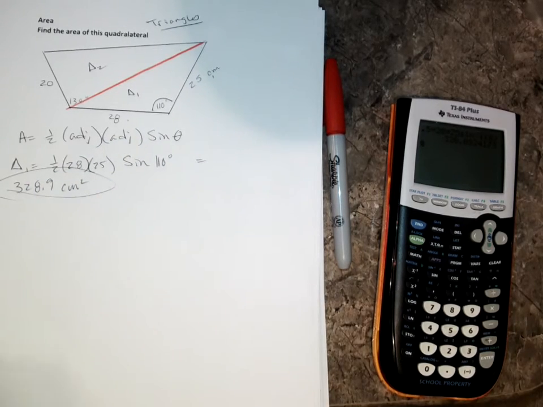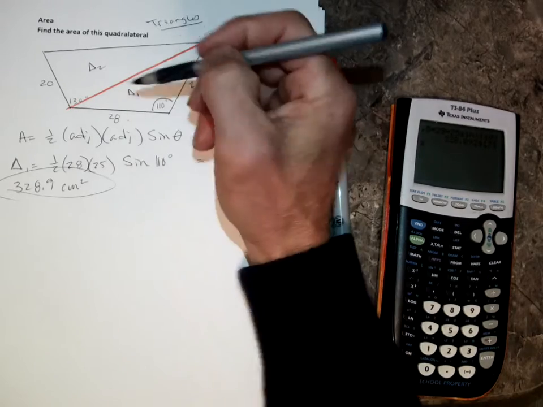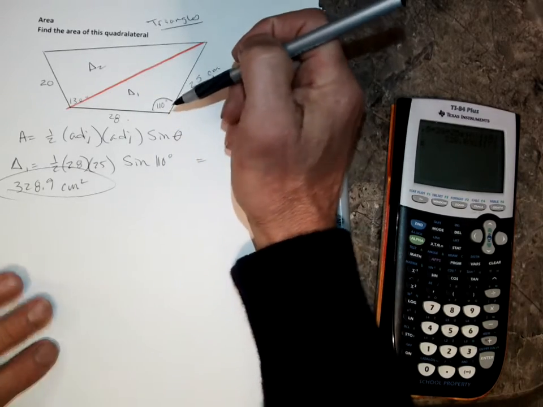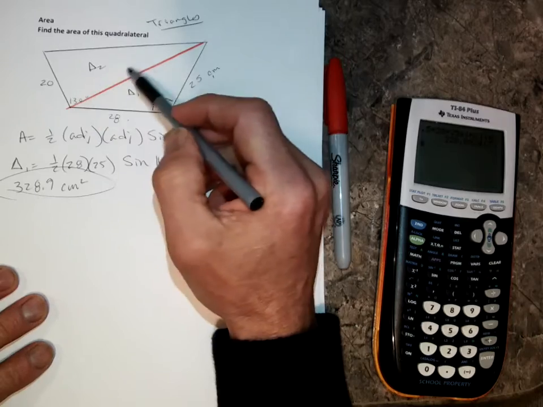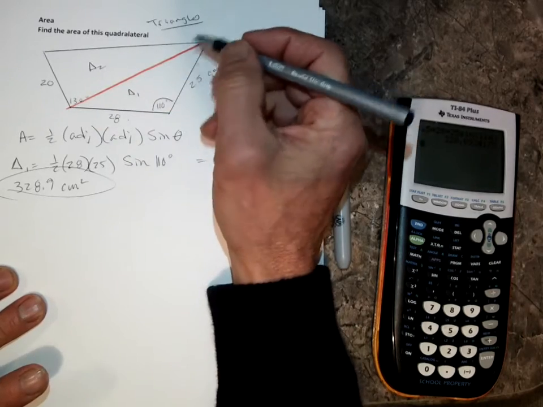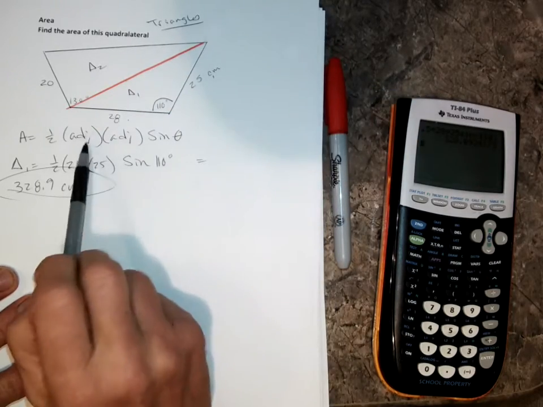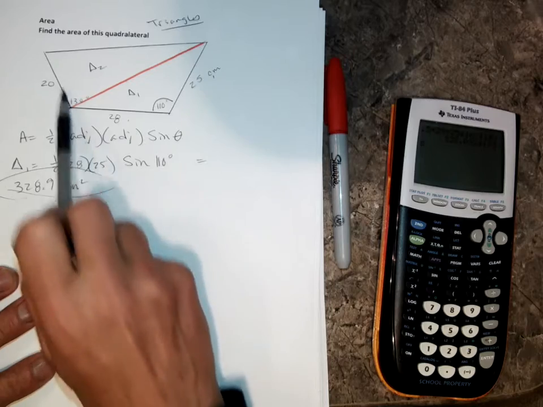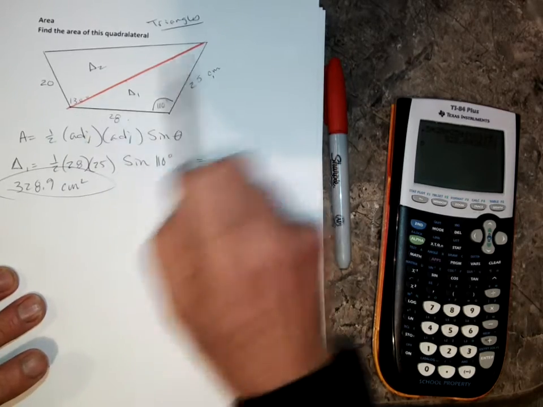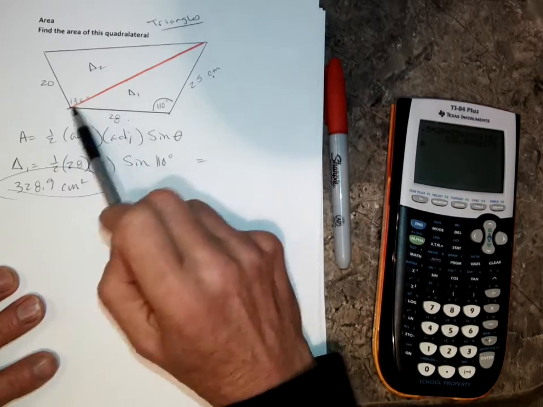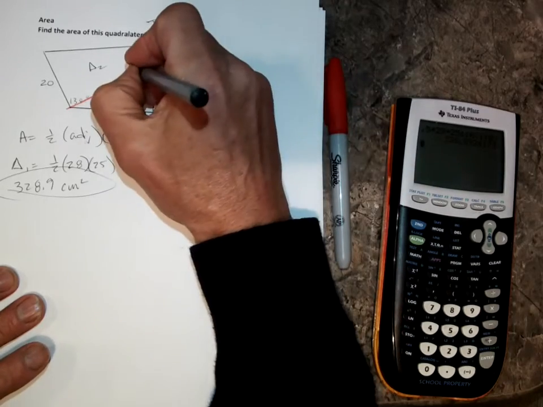Okay, now if I want the area of the whole thing, then triangle 2. The problem with triangle 2 is this. I want to use side angle side, but I don't have that. I need an adjacent, so I have this 20, but don't have this side, okay? 1/2 adjacent times adjacent, I don't have the side, so let's call this side just C, okay?